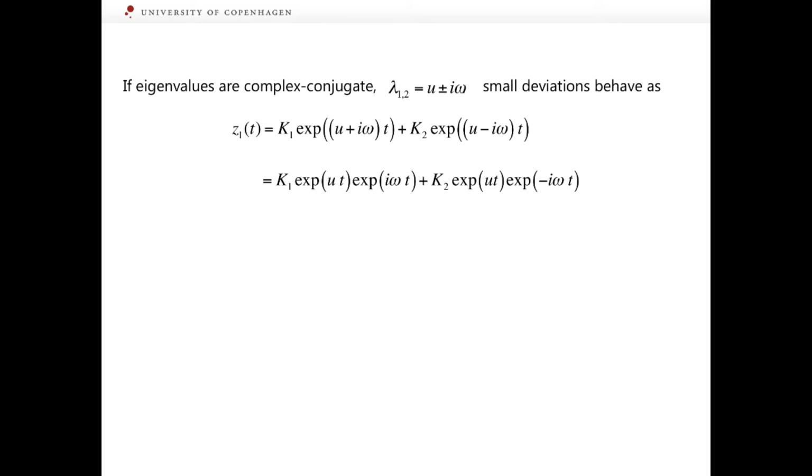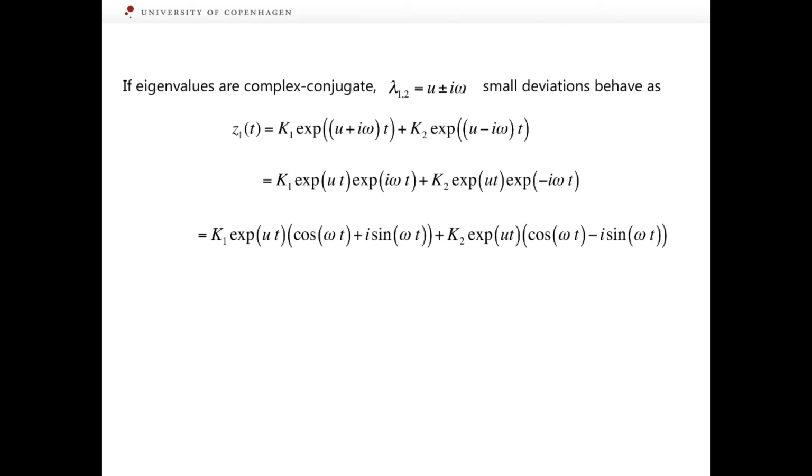Each of the exponents to the complex arguments can be represented using the Euler formula as a combination of a cosine and a sine. Let's do it. In particular, the first exponent, e to the iwt, is the sum of cosine wt plus i sine wt, and the second exponent can be represented by analogy.